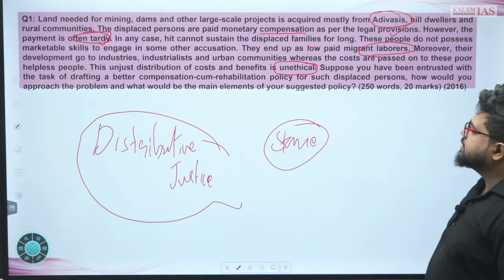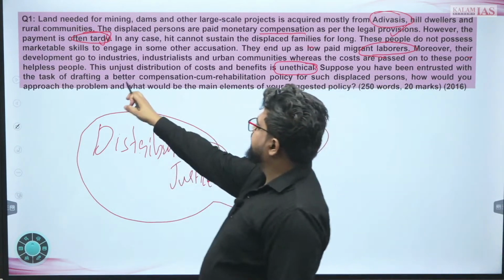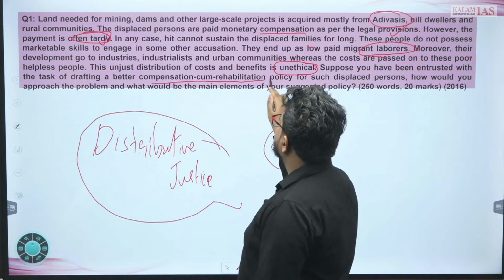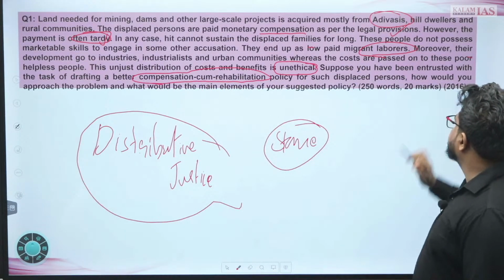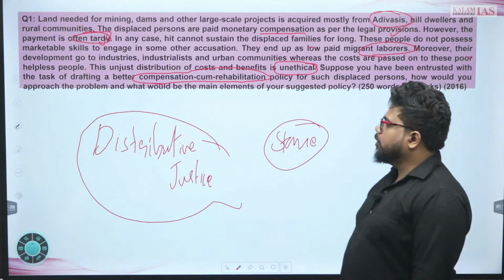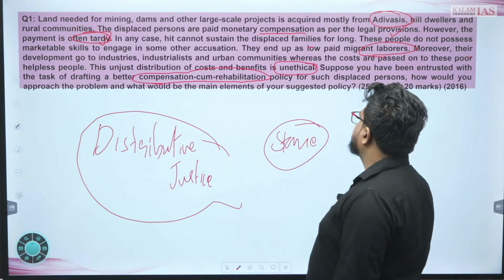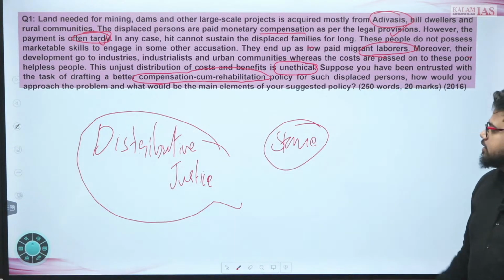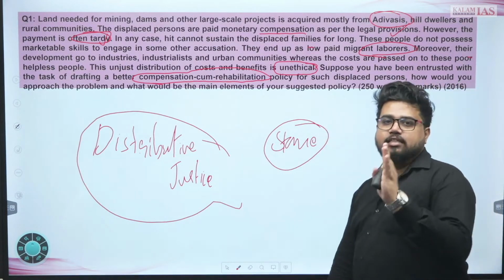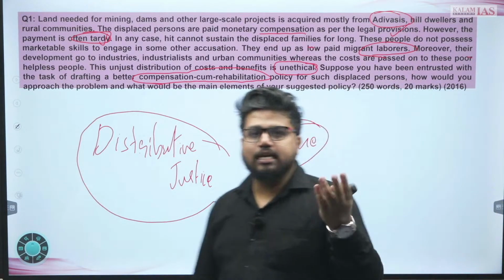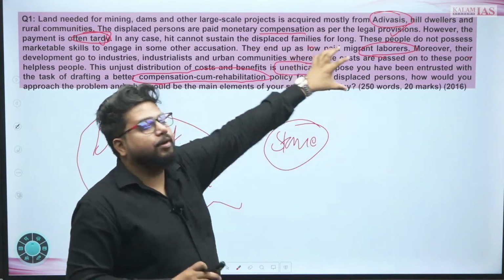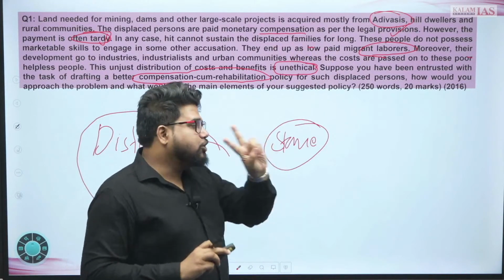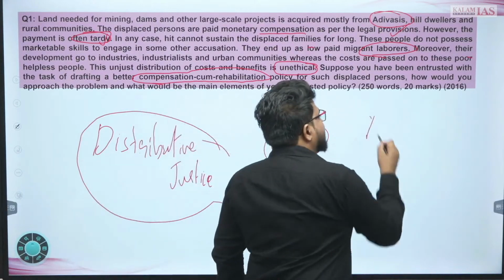Suppose you have been entrusted with the task of drafting a better compensation cum rehabilitation policy for such displaced persons. How would you approach the problem and what would be the main elements of your suggested policy? So two things, again, respect the question. Many students, I have checked the copies, have not written two different parts of this answer. Two different parts are asked.